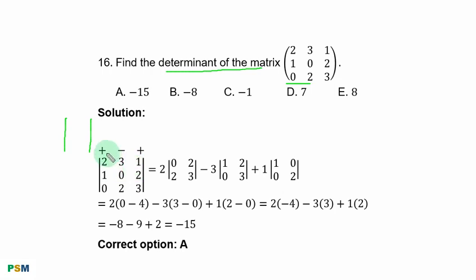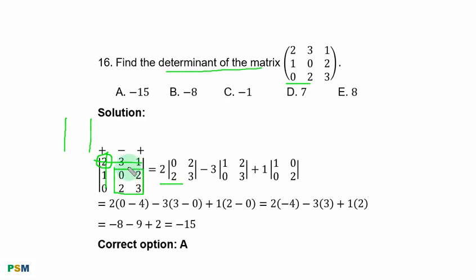So I'm going to take the first entry in the first row, that is 2. Then I will cover first row, first column. I'm left with this 2 by 2 matrix. You have it here. Now, what we do here is to reduce the 3 by 3 determinant to 2 by 2 determinant.